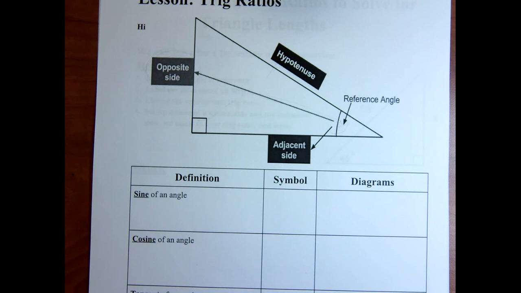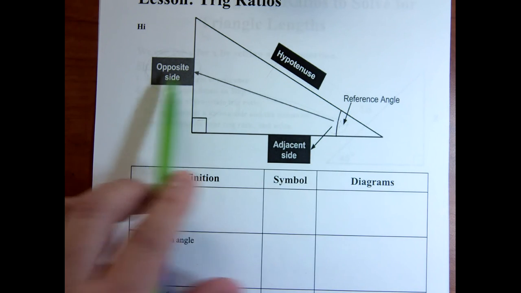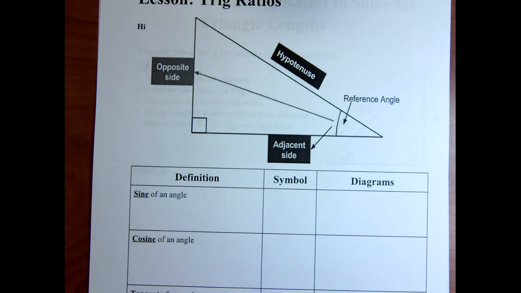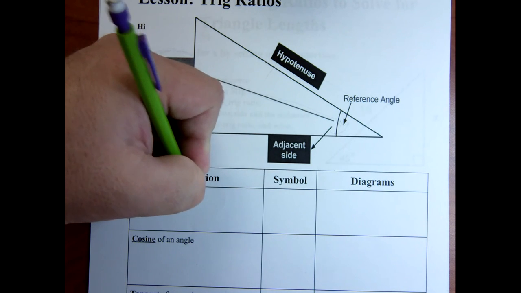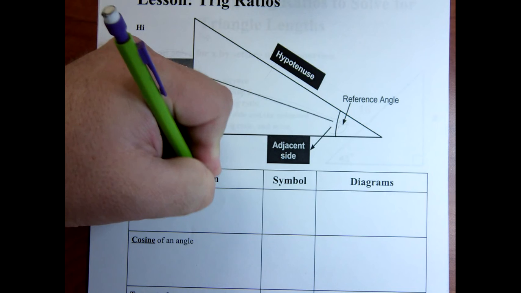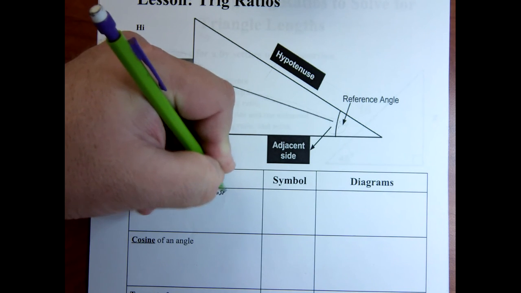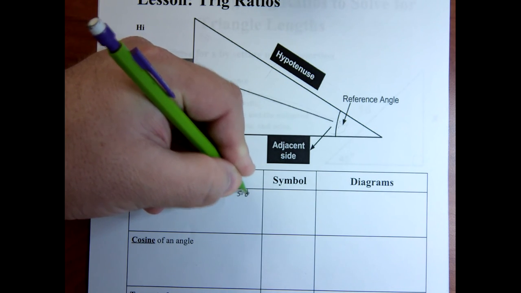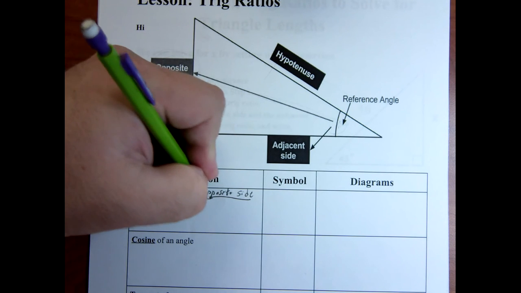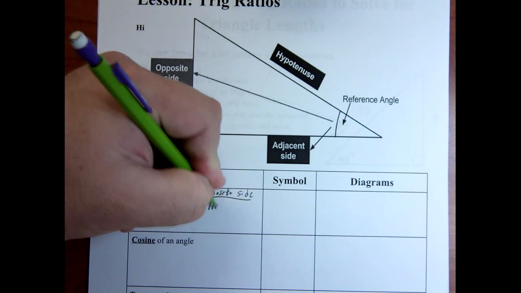Now, we could also have any of those ratios written as inverses, and we will talk about those later. But for now, the first one, opposite over hypotenuse. We will call that ratio the sine of an angle. So this is going to be defined as the ratio of the opposite side divided by the length of the hypotenuse.